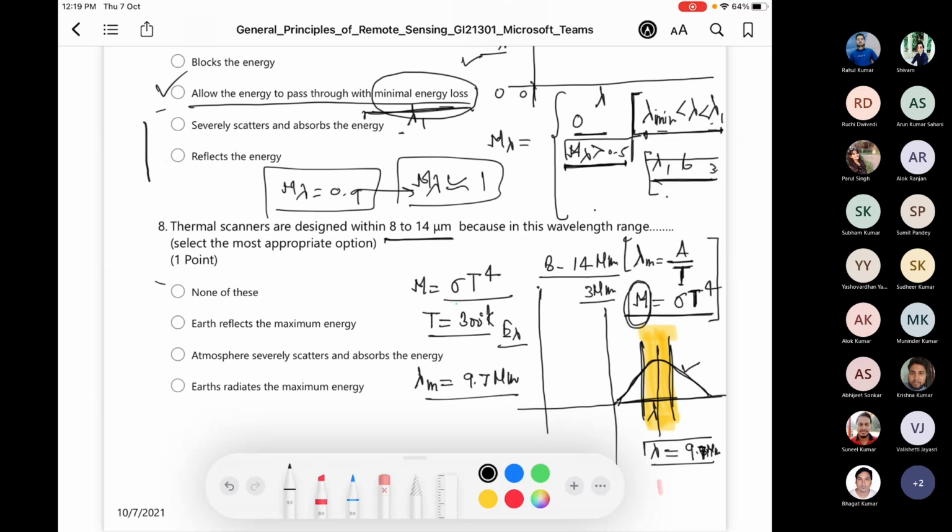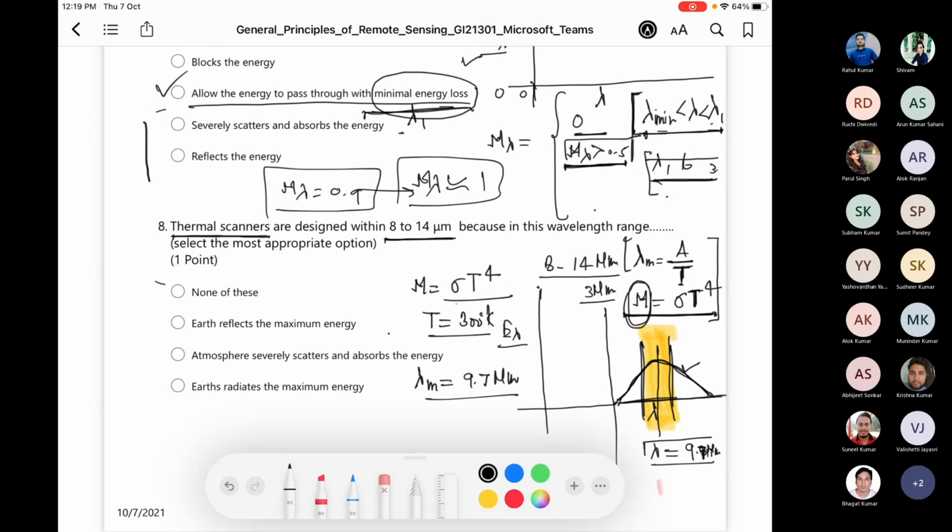So this curve is radiated energy from the Earth, and it is significant in 8 to 14 micrometer. We use thermal scanners to sense the temperature in terms of radiated energy, because M is equal to sigma T to the power 4. The radiated energy component is a function of temperature.